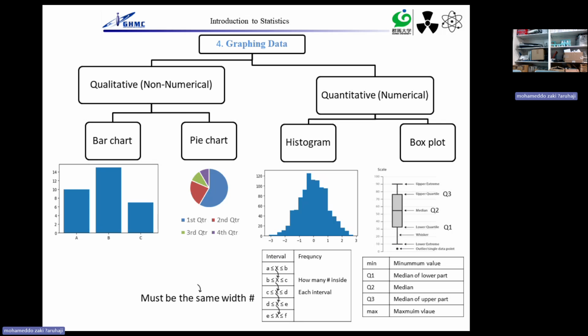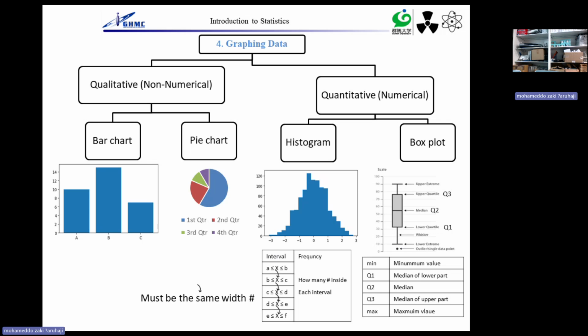I see 1, 2, 3, 4, 5, so it's an odd number, and the median is the value in the middle. It is 2. If it's an even number, I have to take the average of the two middle values. But now it's an odd number, so it is 2. So this value in the middle is Q2, and it will be somewhere in my graph, for example, like this, and has to be 2.